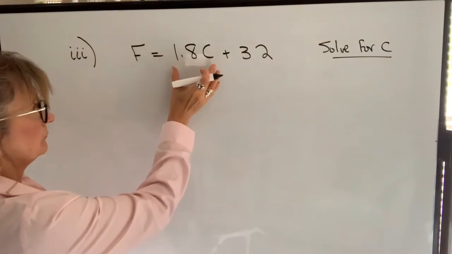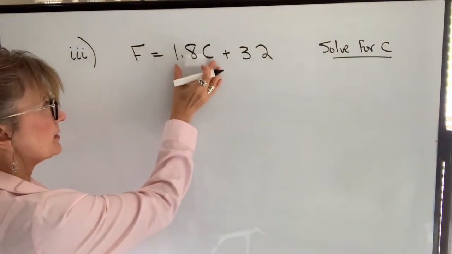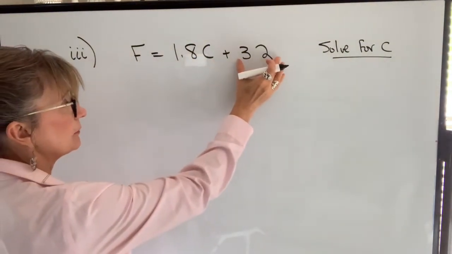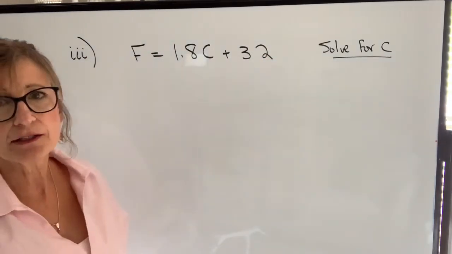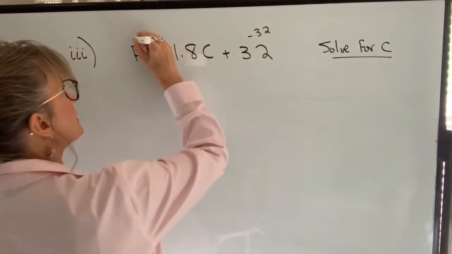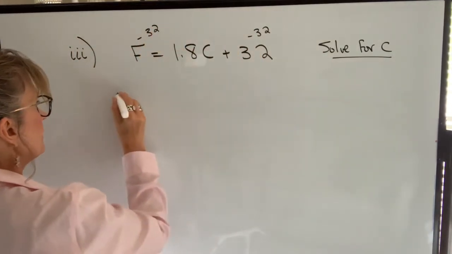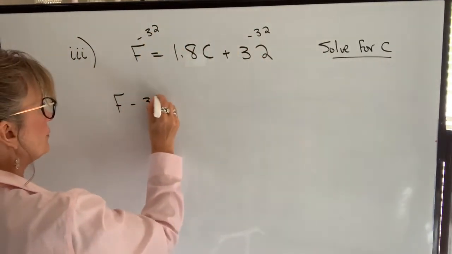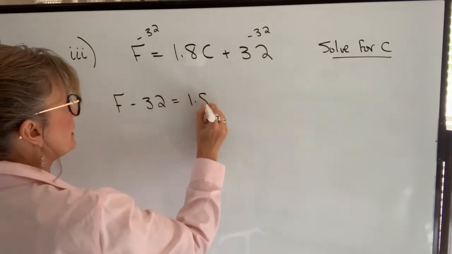So again, I want to isolate this term first. So I want to get rid of anything that's added or subtracted. In this case, 32. So I'm going to subtract 32 from this side. I'm going to subtract 32 from this side. So I'm going to have F minus 32 is equal to 1.8C.